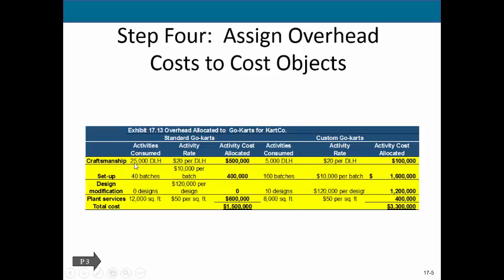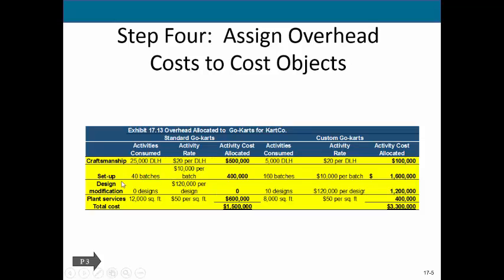So we use 25,000 direct labor hours for the standard go-karts, multiply that by $20 per direct labor hour, and that's $500,000 of this activity cost pool. We only use 5,000 direct labor hours with the custom go-karts, so multiply 5,000 by 20, and that gives us $100,000.